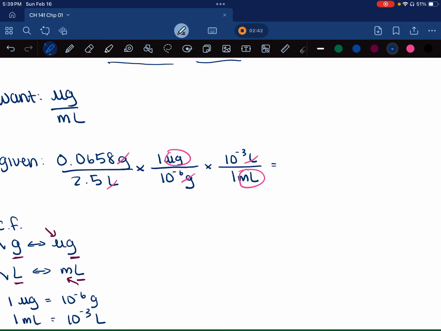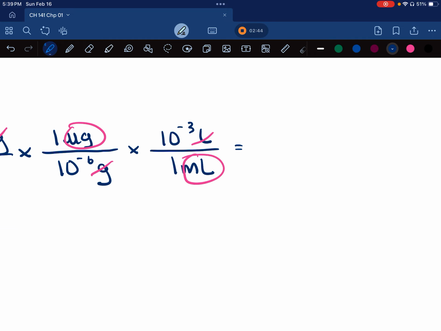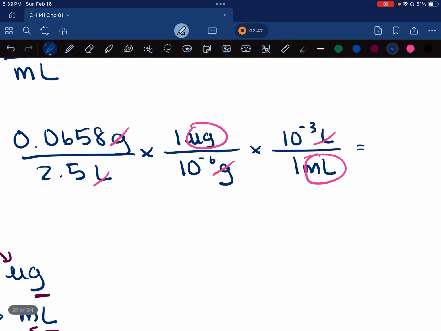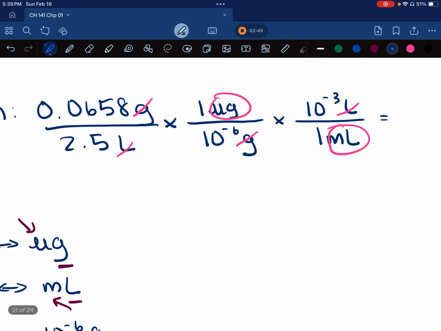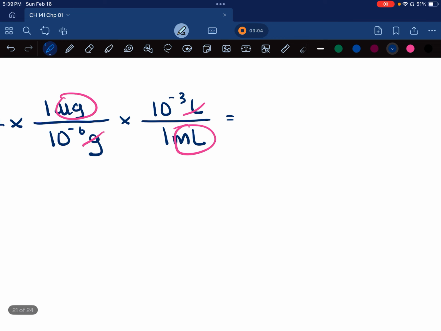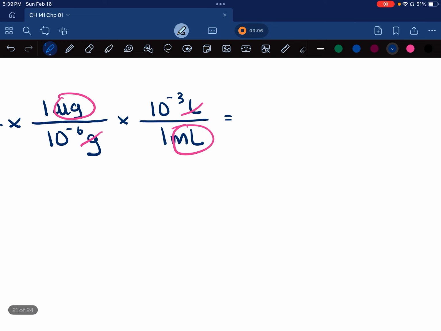And I can just take this whole equation and plug it straight into my calculator. So I'll give you 1 second to try to do that. And if you got what I got, you should get 26.32 micrograms per milliliter.